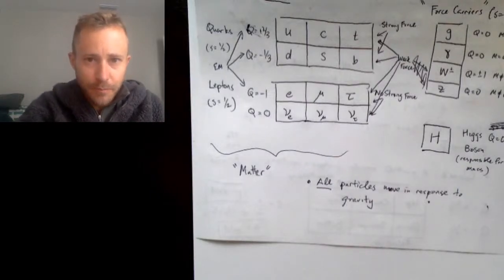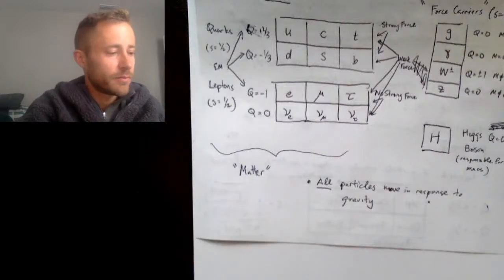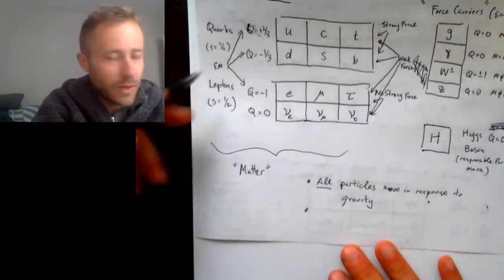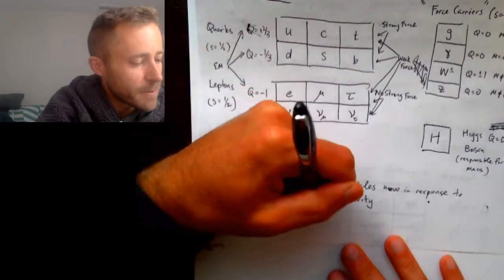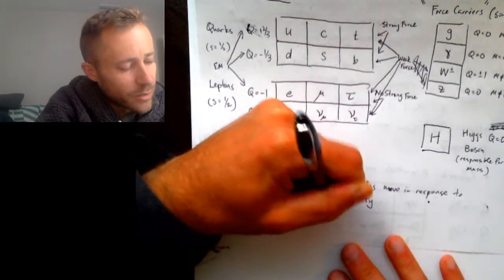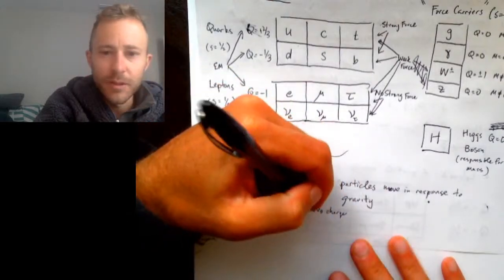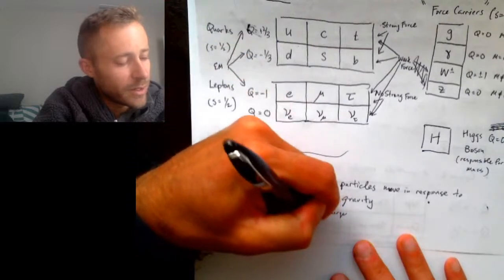Why? It's because neutrinos have no electric charge, so they don't interact through the electromagnetic force.